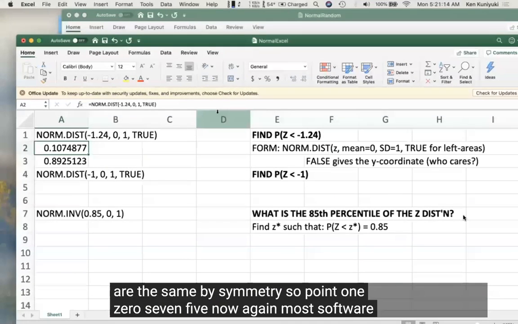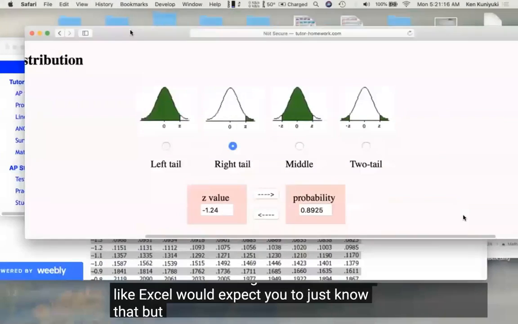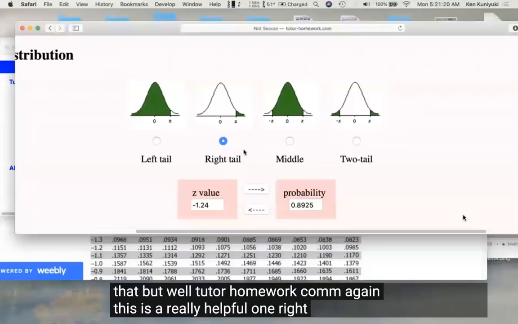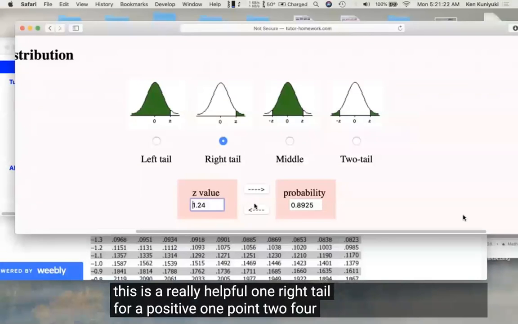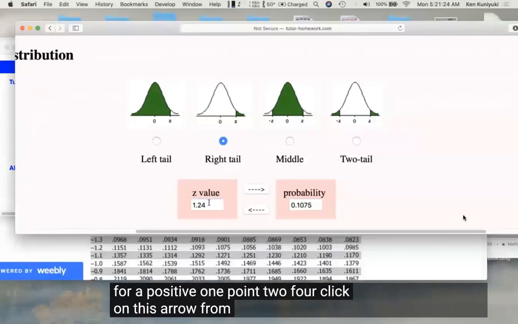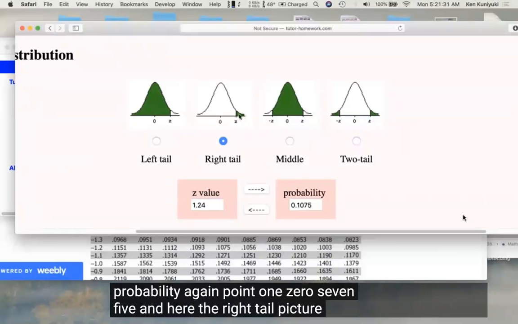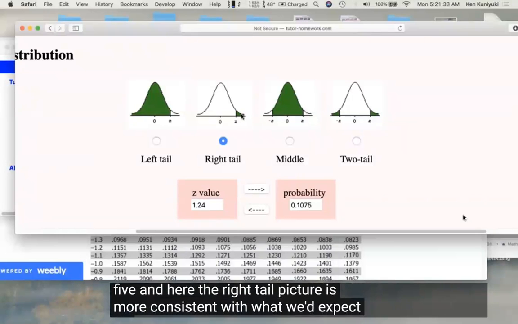Now again, most software like Excel would expect you to just know that, but well, tutorhomework.com, again, is really helpful. Right tail for positive 1.24. Click on this arrow. From the Z value to the probability, we get that small probability again, 0.1075. And here the right tail picture is more consistent with what we'd expect. It's a small probability.